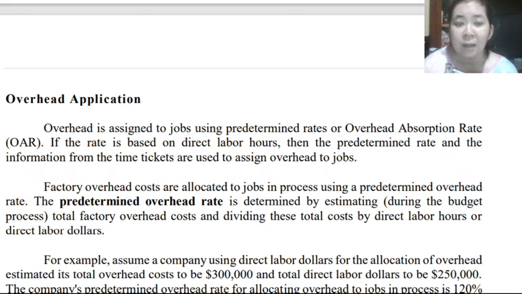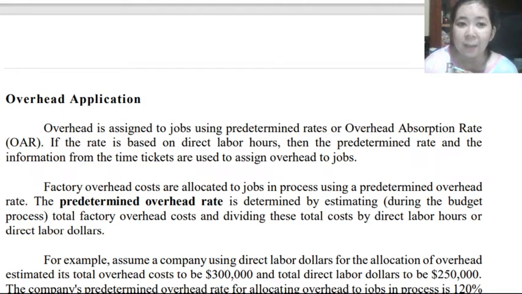We all know that manufacturing overhead includes indirect materials and labor. So it is difficult for us to assign how much should be charged for a specific product or job. That's why, to make it simple, we will use a predetermined rate or overhead absorption rate.